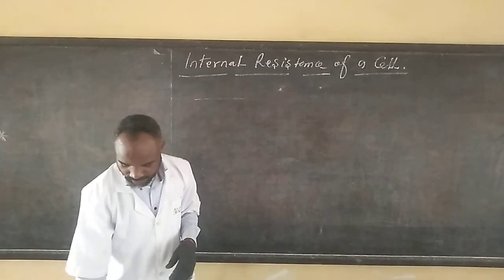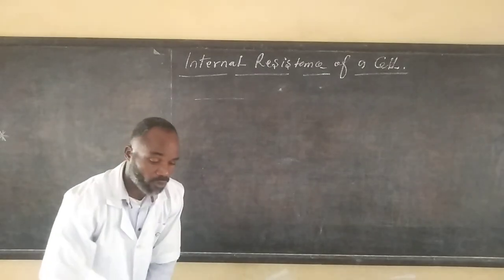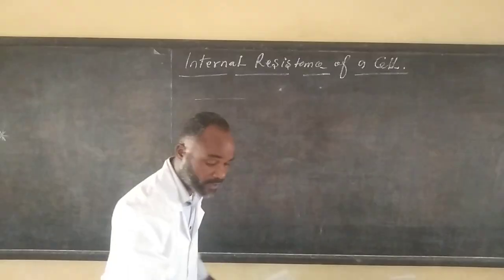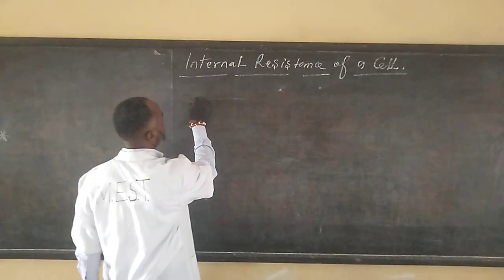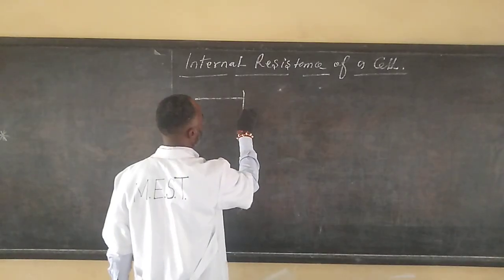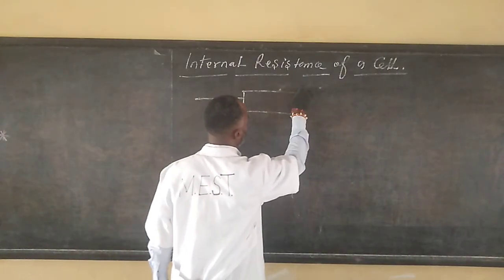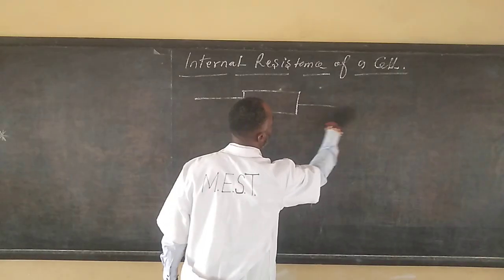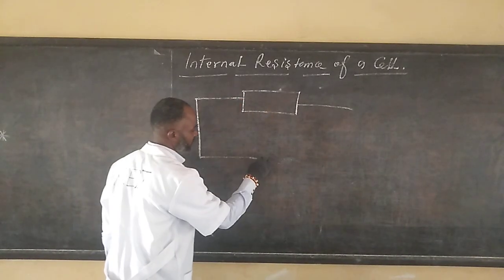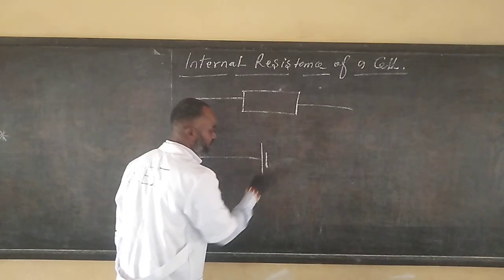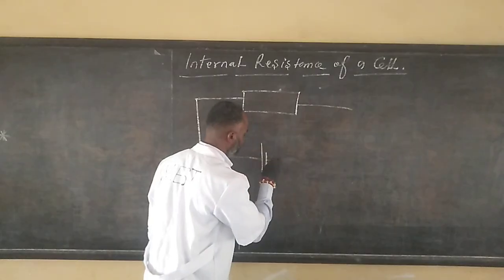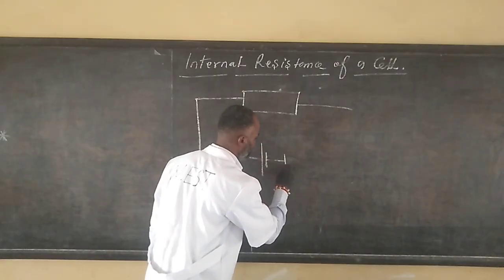First of all, we draw a schematic representation of what this topic represents, and that is, if we have this to be an external resistance, and then we have this to be the cell in question with some amount of resistance, internal resistance.